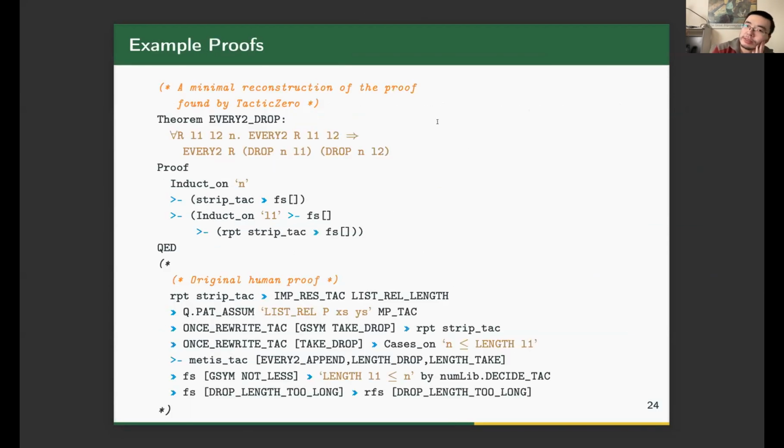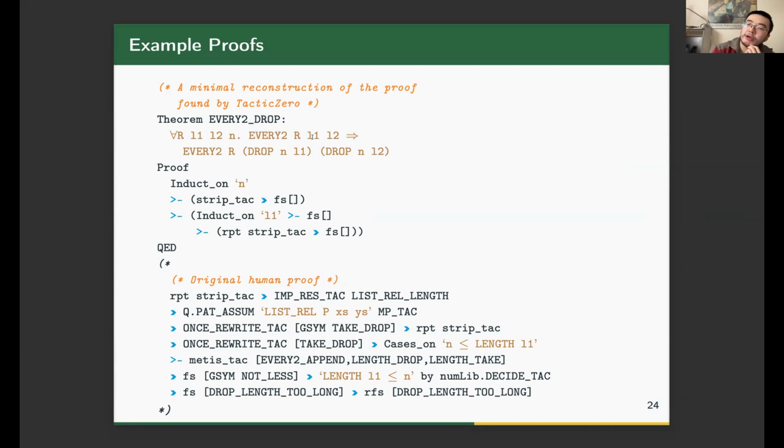Okay, so this is an example proof found by tactic 0, and we compare it against the human proofs in the system. This is a theorem about lists. What it says is that given two lists L1 and L2, I have a relation R, and L1 and L2 are related by R. This means that R is an element-wise relation.